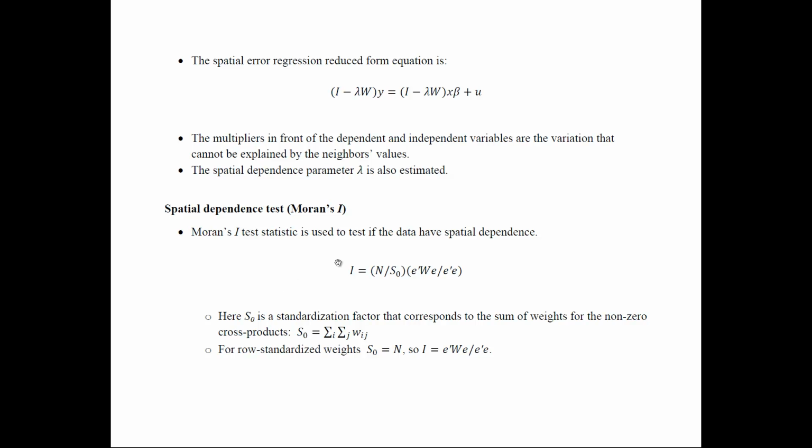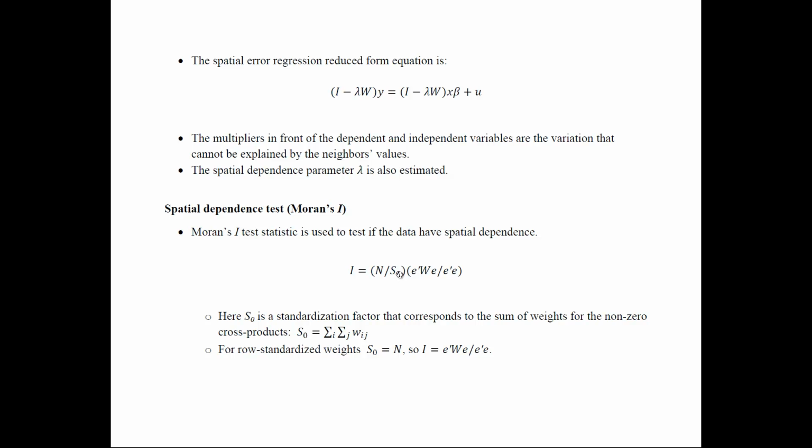So here this I test statistic would be equal to n divided by S0, and we would have E prime WE divided by E prime E. So S0, this term here, would be a standardization factor that corresponds to the sum of the weights for the non-zero cross products. So here we would have the summation over i and j of all these spatial weights.